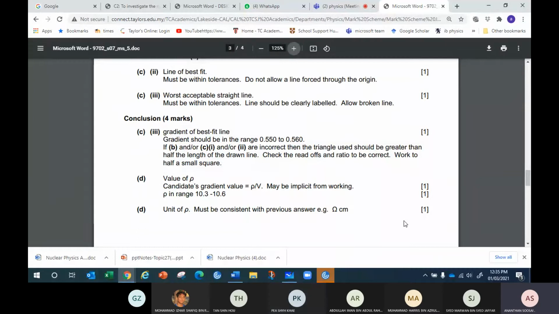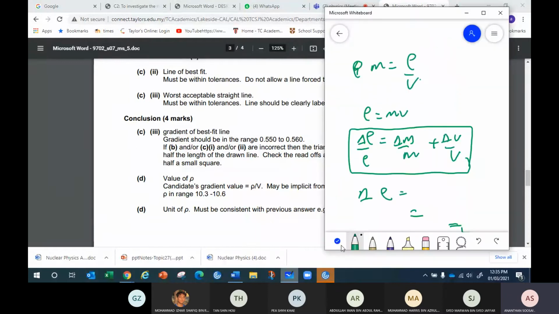But to tell you the truth, the recent mark schemes have started to use the formula method more. Last time they used to give both. This formula is allowed. The other one is the best gradient, best rho minus the worst rho.